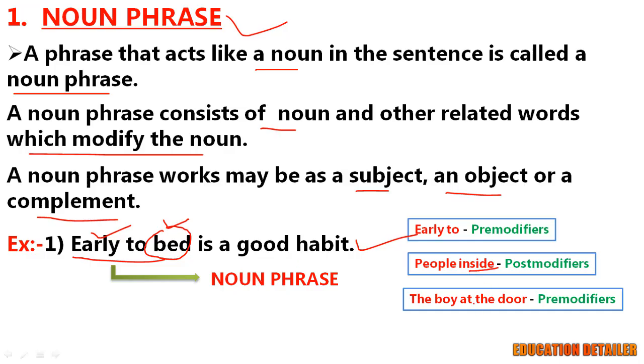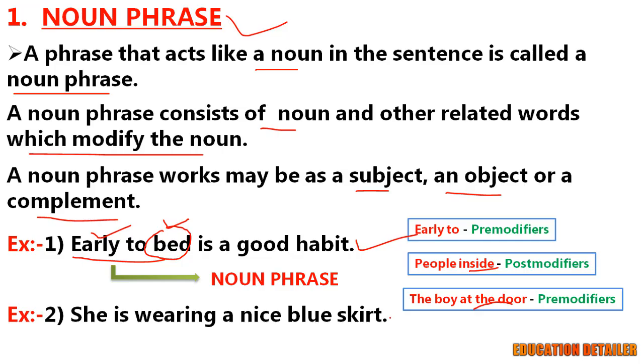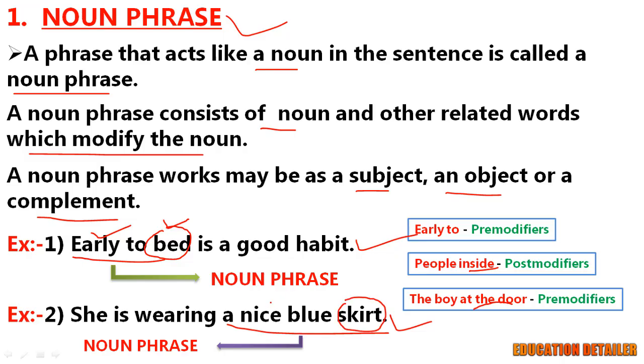Inside and at the door are called post-modifiers. In the next example, she is wearing a nice blue skirt. A nice blue skirt is a noun phrase and it works like an object here. Skirt is a noun and a nice blue gives us more information about the noun skirt.